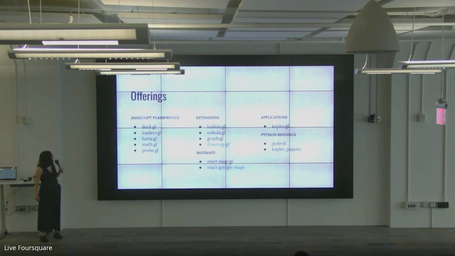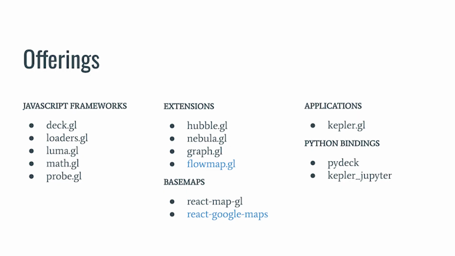And on top of deck.gl, we have libraries that extend its functionality for specialized use cases. We have HubbleGL for timeline animation, NebulaGL for map drawing and 3D editing, GraphGL for non-geospatial node edge-based graph visualization, and our latest addition, FlowMapGL.